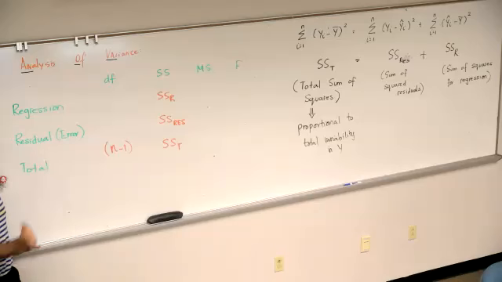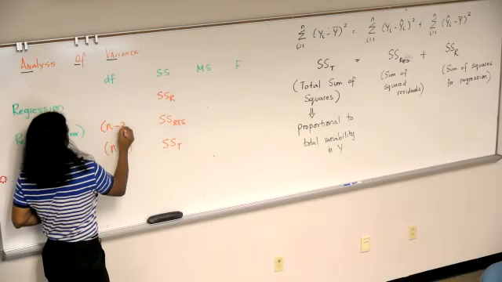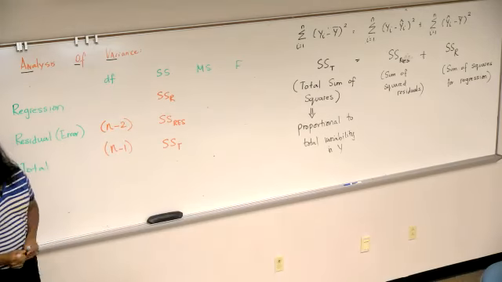From last class, SS res has to be divided by something so that you get MS res. What is that number of degrees of freedom? N minus 2. Good.